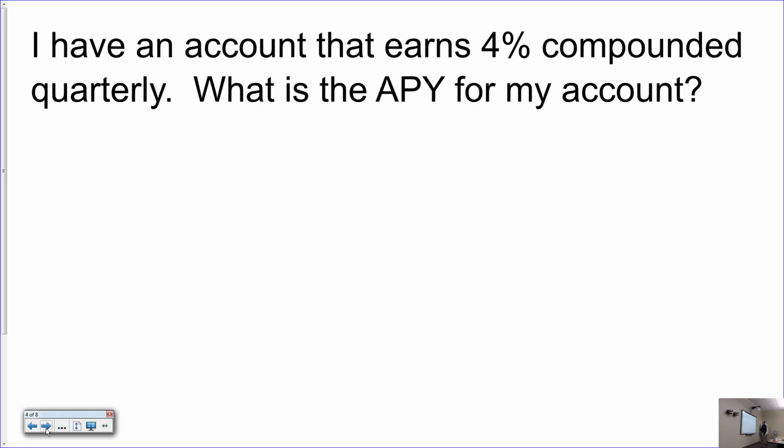Okay, Kristen. So I took 4% and I went down to quarterly. What do we do with quarterly, Christy? 4 periods. True, but what do we do with quarterly first on the page? Yeah, we got to divide it by 4 first.